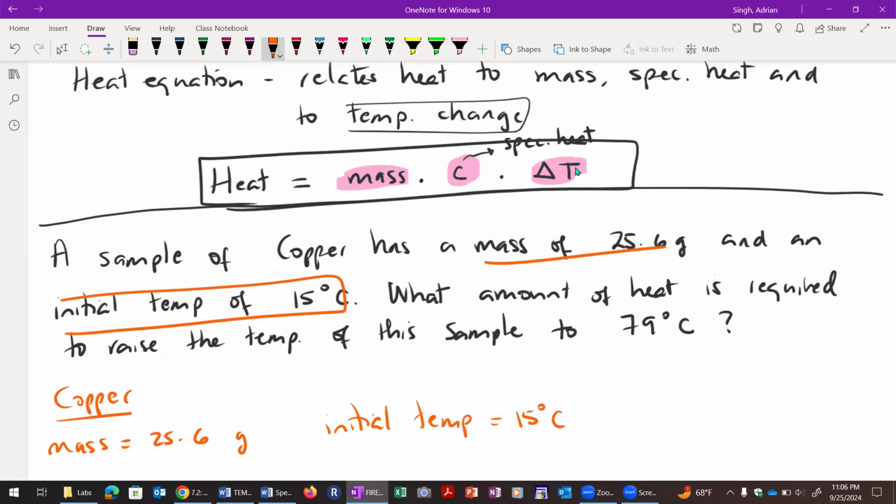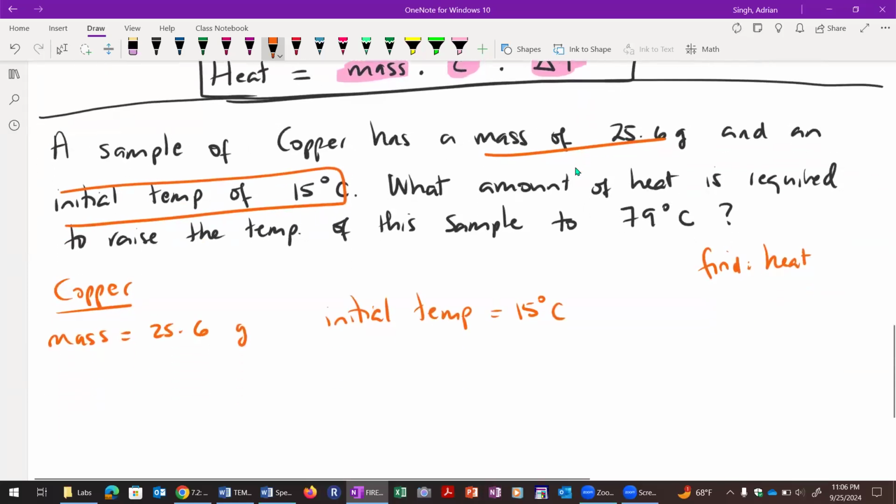And then what we need to find is the amount of heat needed to change that temperature from 15 to a final temperature of 79 degrees Celsius. So what we can determine from this is that change in temperature.